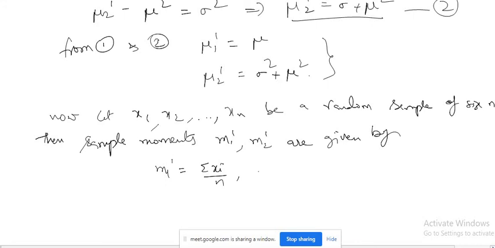Summation xi by n. And m2 dash is summation xi square by n. Say this is the set of equations 3 and 4.